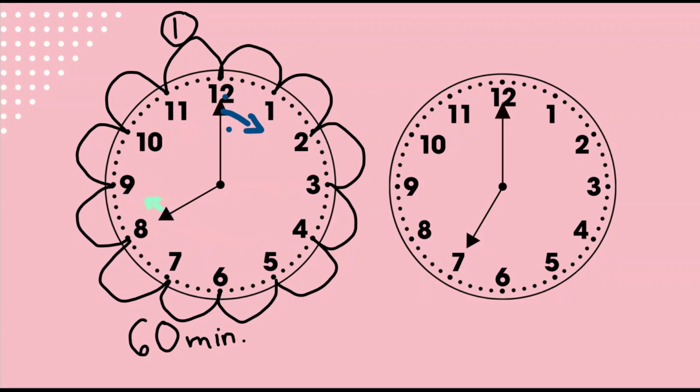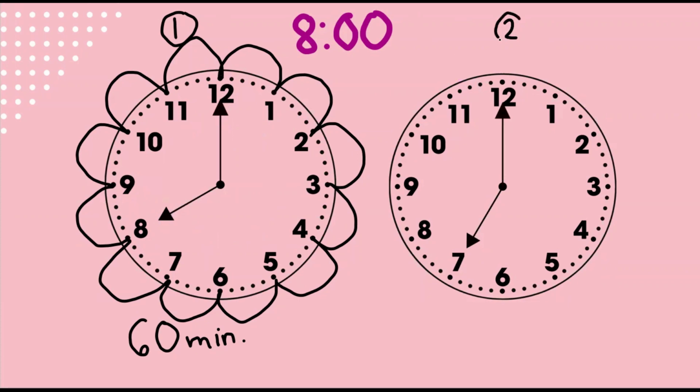Okay, now we know that this clock number 1 tells us it's exactly 8 o'clock. So we're going to write that. How we would write that is we write 8, our little colon here, and 0, 0. 8 o'clock.